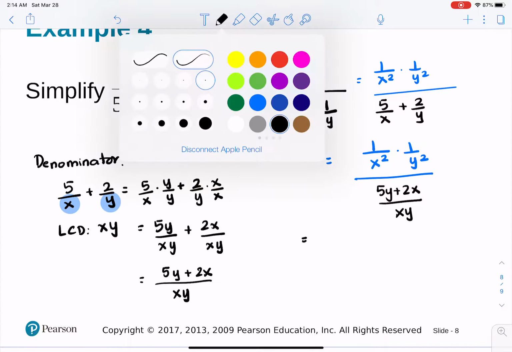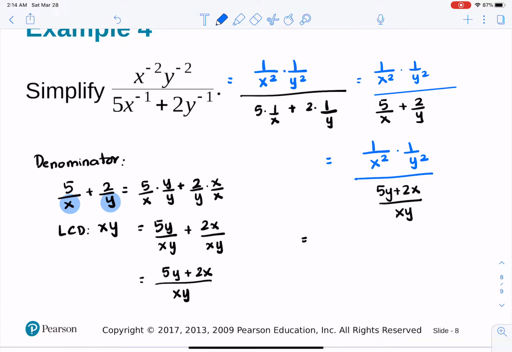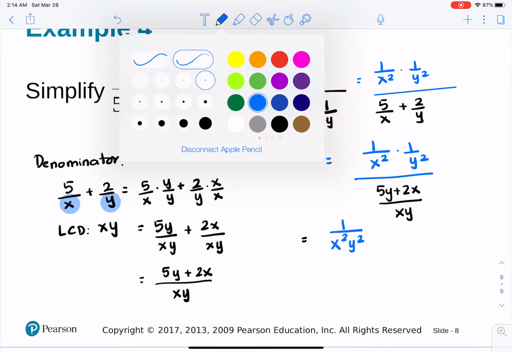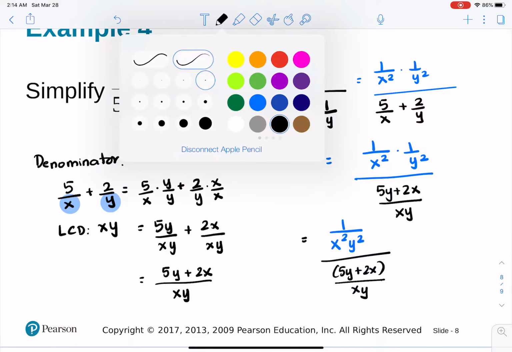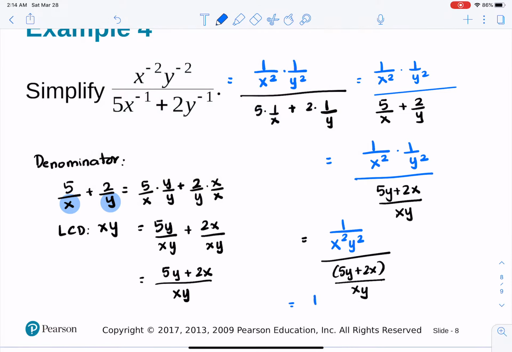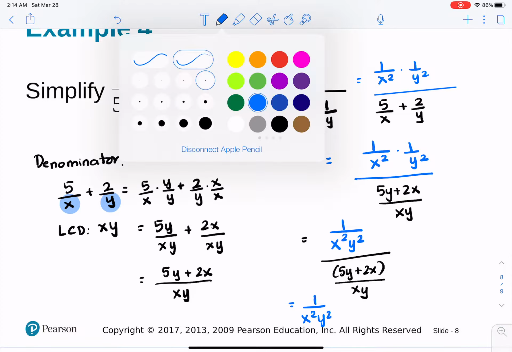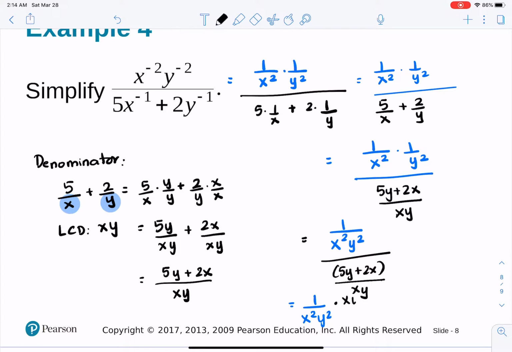The numerator is simply 1 times 1 is 1, and x squared times y squared is x squared y squared. The denominator is 5y plus 2x divided by xy. Now we flip and multiply 1 over x squared y squared multiplied by xy over 5y plus 2x.